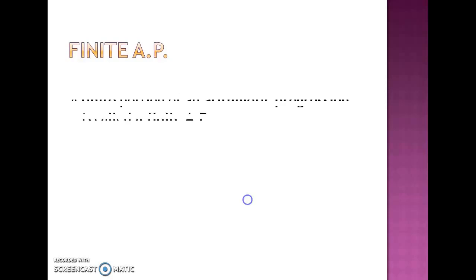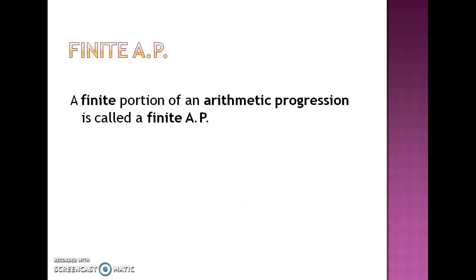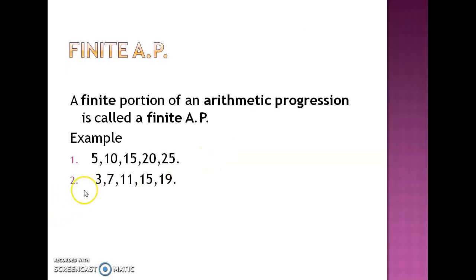Next, finite AP or finite arithmetic progression. We'll see the definition of a finite AP. A finite portion of an arithmetic progression is called a finite AP. Look at the examples. 5, 10, 15, 20, 25. 25 is the last term in this sequence. 3, 7, 11, 15, 19. 19 is the last term.